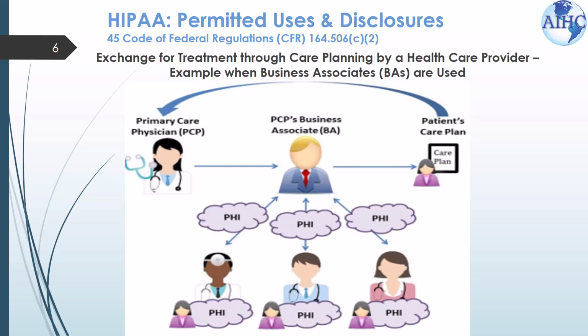Under HIPAA, the patient's other providers and health plans which have sent PHI to the initial treating provider's BA are not responsible for what the BA does with the PHI once it has been disclosed permissibly and securely.